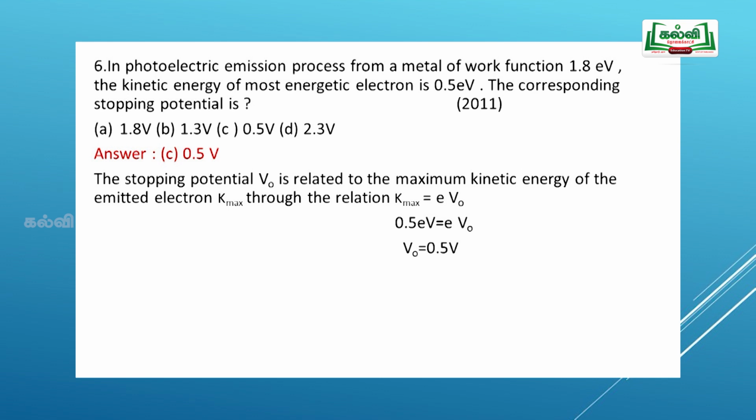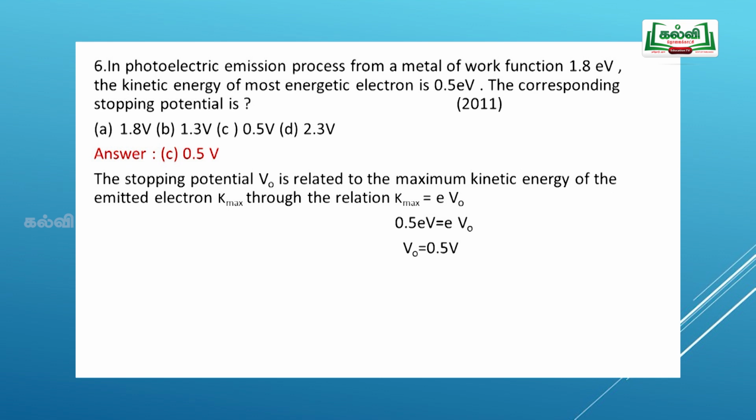In this, the question is only what is the stopping potential. The most energetic electron kinetic energy is given in the question. The work function data is not at all necessary for us. It is to mislead us. So you can ignore the work function of the metal, 1.8 electron volt.